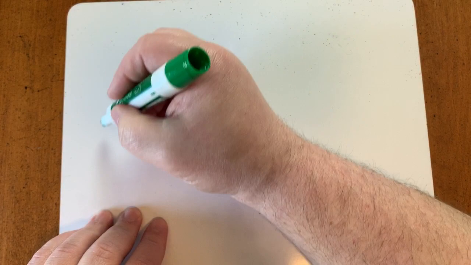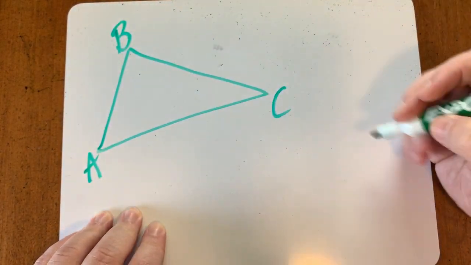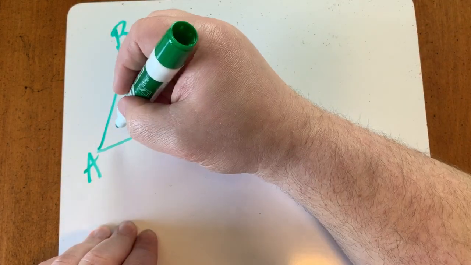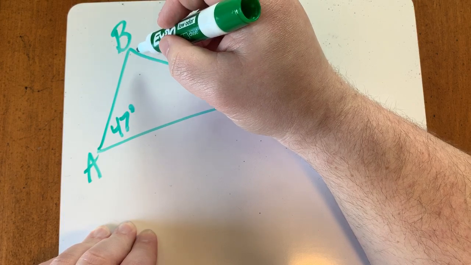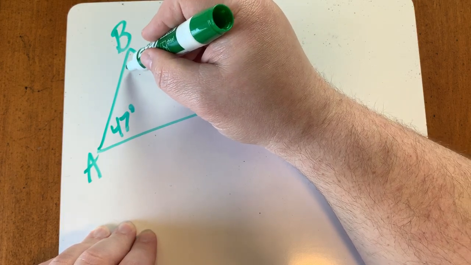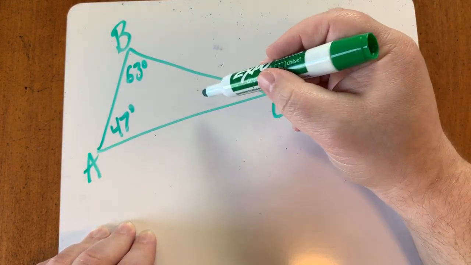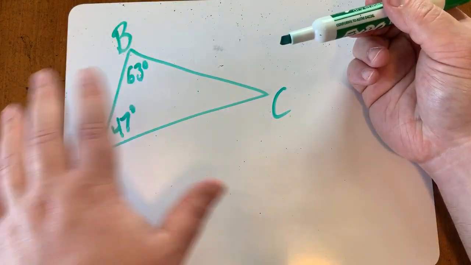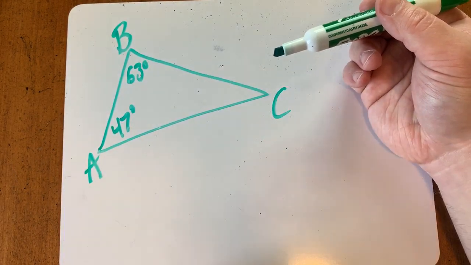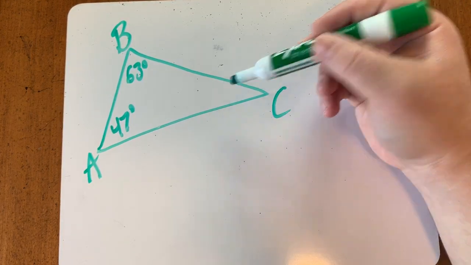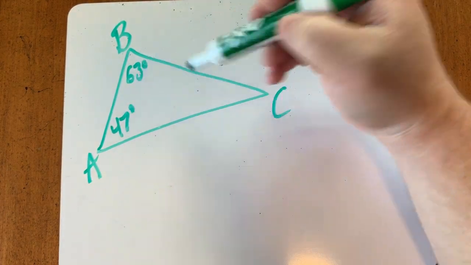So let's try an example of this. So if we have triangle ABC, if we have two angles, let's say this is 47 degrees, and this is 63 degrees. Well, it doesn't matter which side you know, because if you know two angles in a triangle, you can find out the third angle, because these always have to add up to 180.